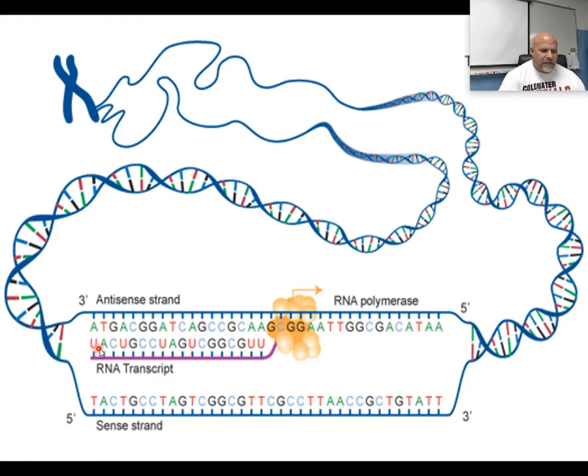Other than that, it pretty much just copies the DNA sequence, and this will be a gene. From the beginning to the end, this piece of RNA will be a single gene. In that gene, there will be some exons and some introns, and I'll talk about what we need to do with that in a minute.